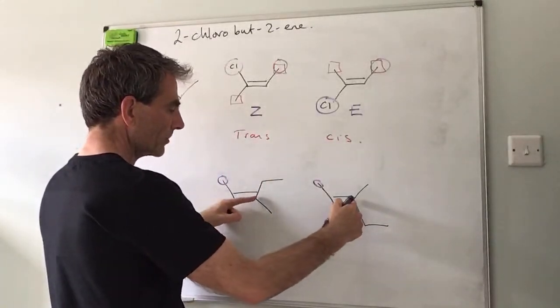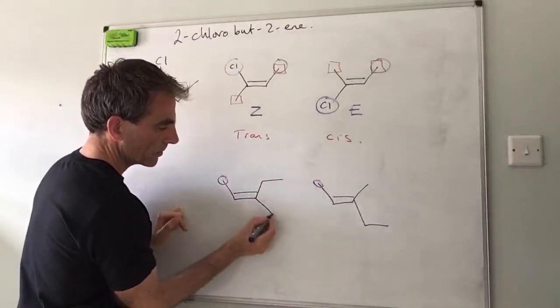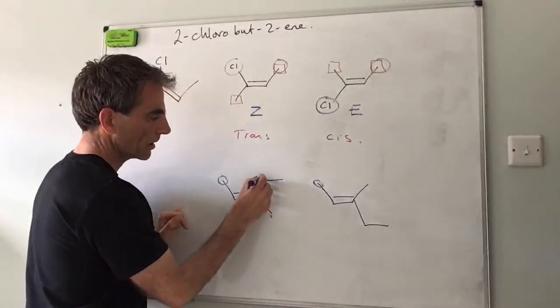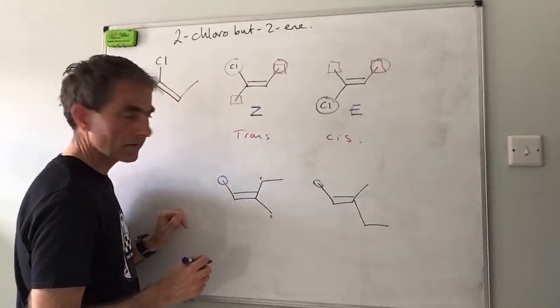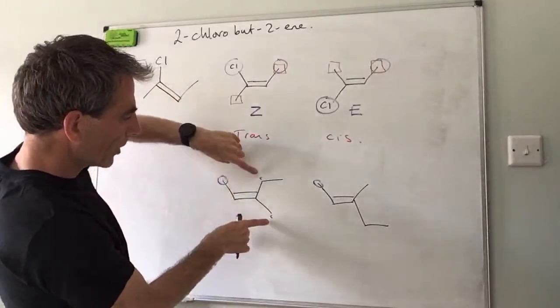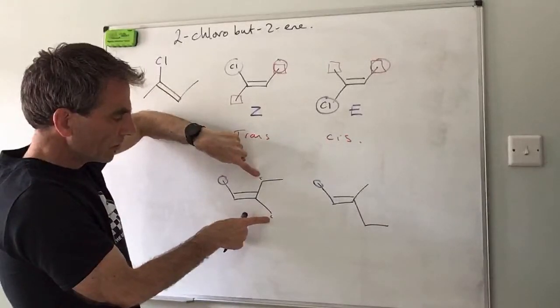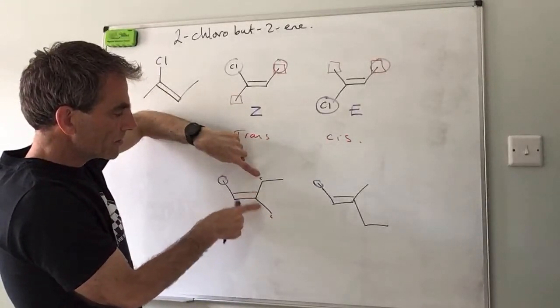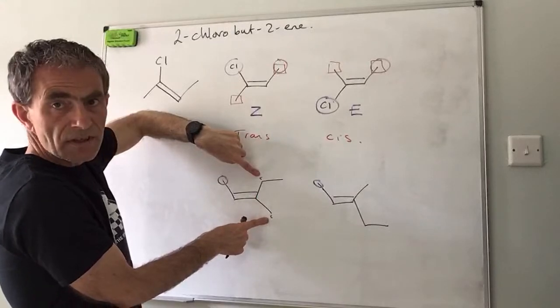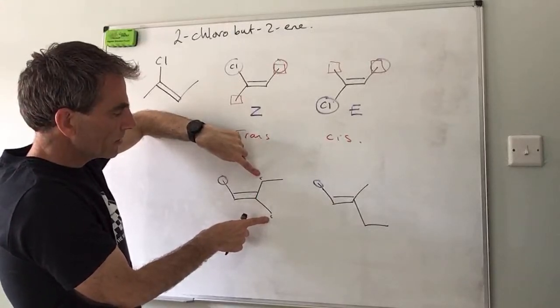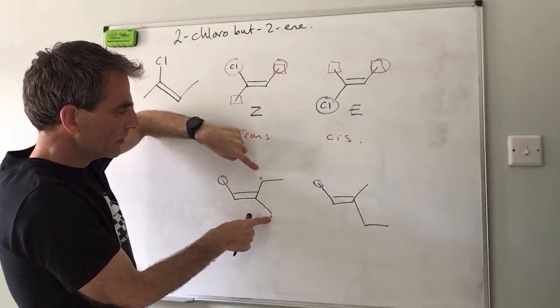If we go to this carbon, you've got a carbon there, and you've got a carbon there, all right? So you've got identical atoms directly attached to the carbon of the double bond. So what would you then do? You look at what's bonded to that, okay?